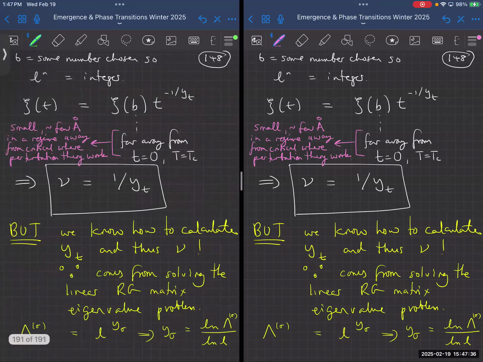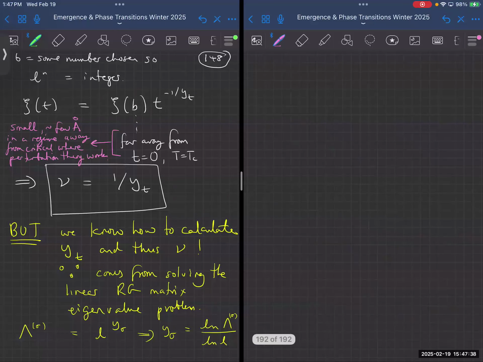Okay, so one last thing I want to do before we finish. I did this for the correlation function. We could also ask, how does the free energy density scale? So let's do it again in the same simple example.